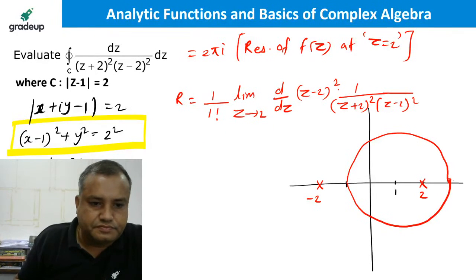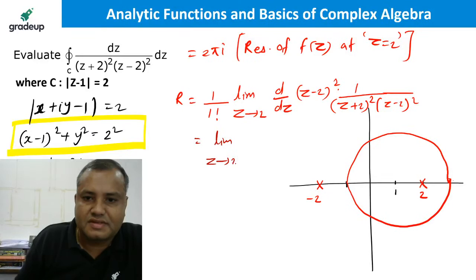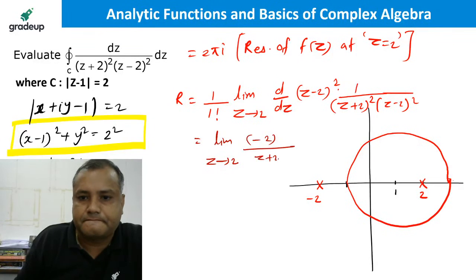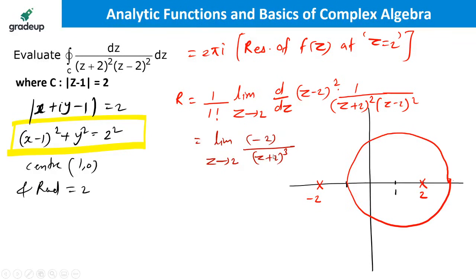Calculate the residue. 1 upon factorial 1 is 1. So z minus 2 whole square cancelled, minus 2 upon z plus 2 whole cube, and you have to put z tending to 2. 2 plus 2 is 4. 4 cube is 64, so minus 1 by 32.